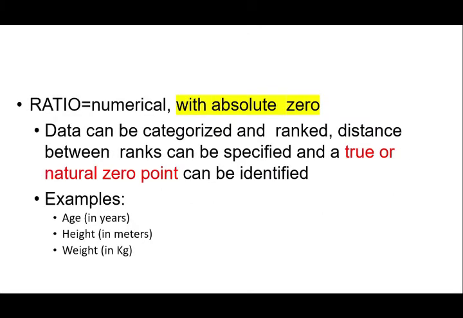Now another variable is the ratio. This one has an absolute zero, meaning if there is nothing that we can put there, it's automatically zero, and nothing beyond that, meaning there are no negative data. Like, for example, we have age in years. We don't have less than zero age in years.